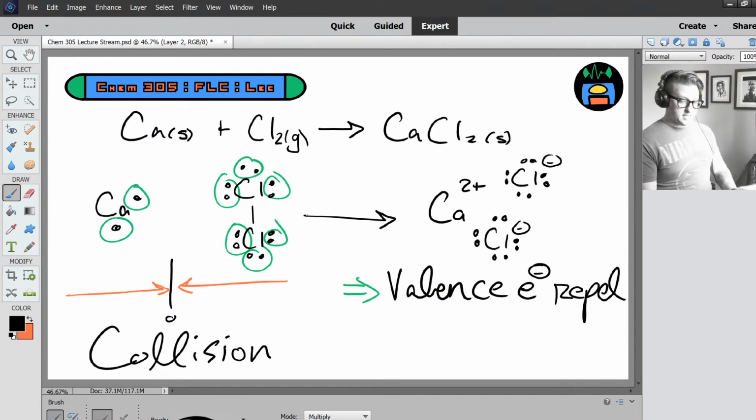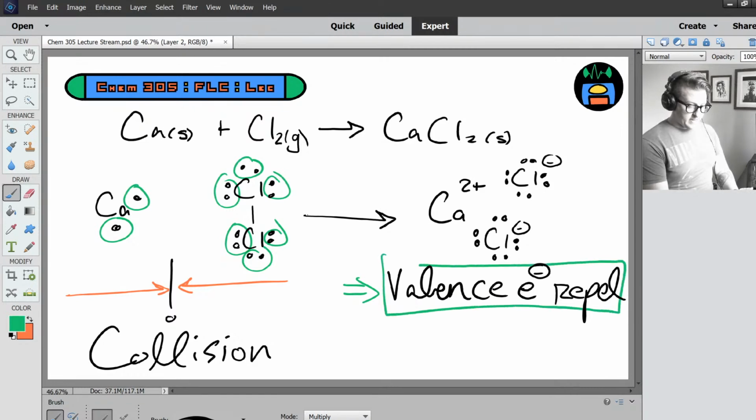All right? And when we talk about valence electrons repelling each other, the term for this is called activation energy.